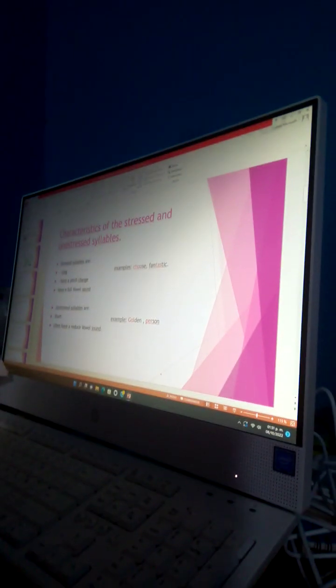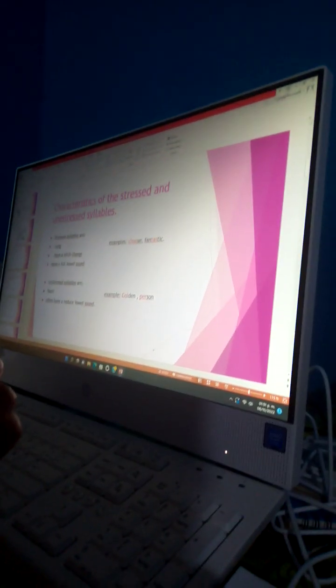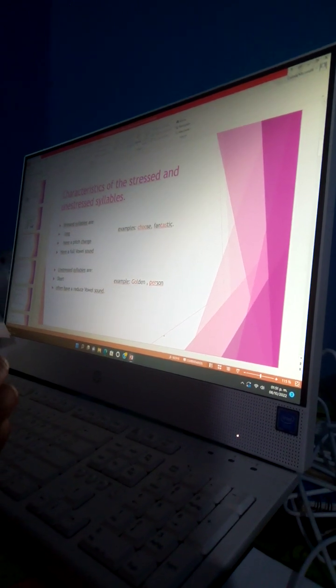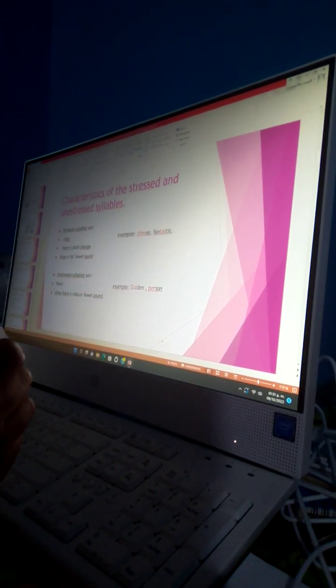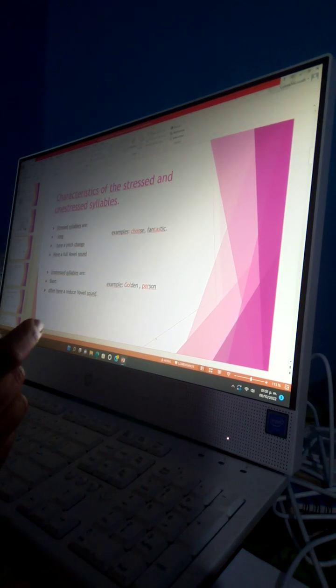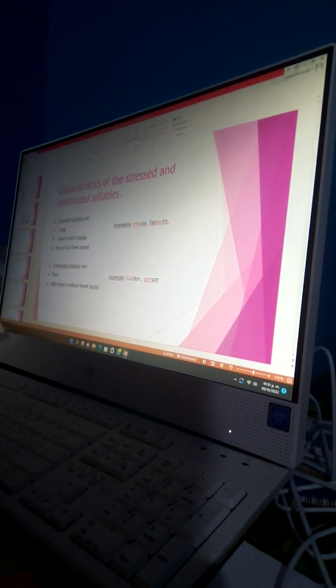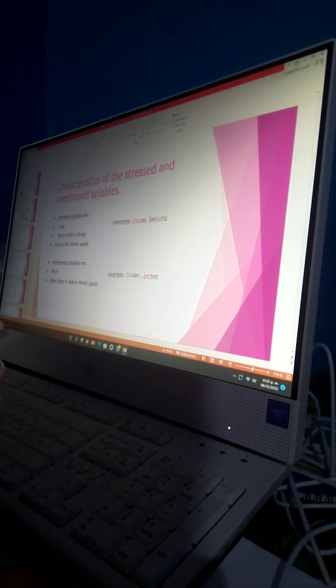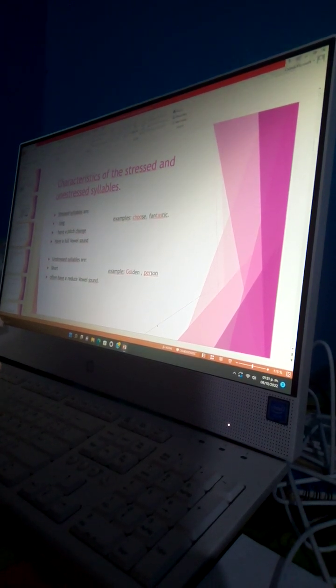Alright? The word choose, emphasize the longer pronunciation. It's choose. Fantastic, tastic. Okay, it's emphasized in red color. So that means that you have to pronounce the syllable long, all right?